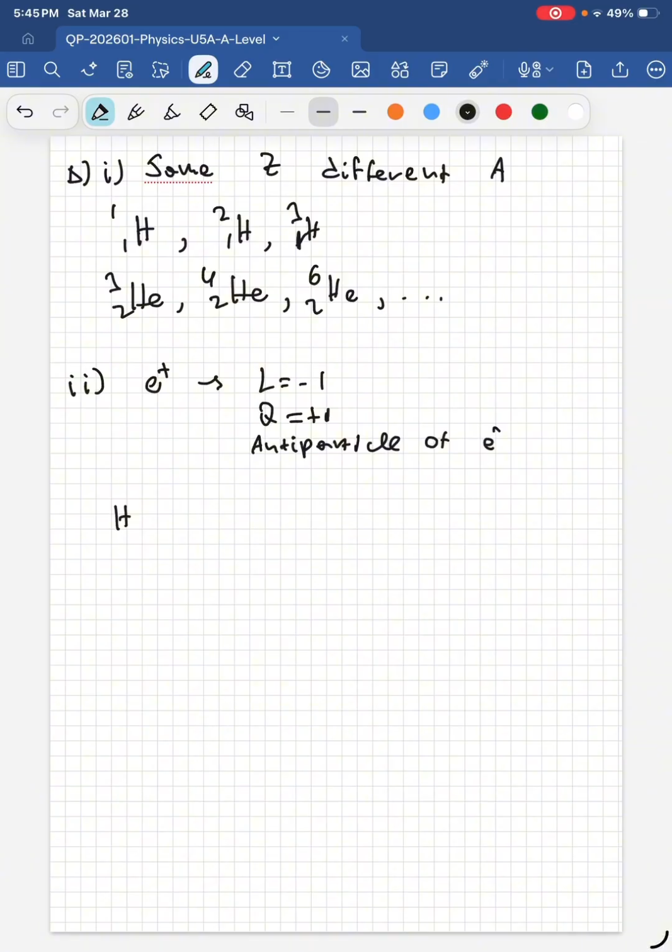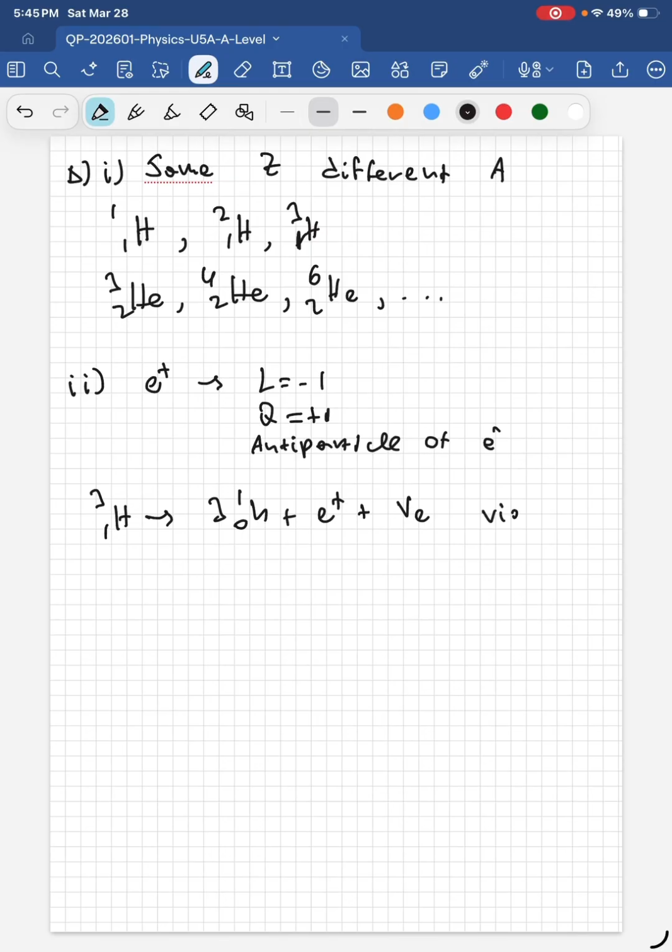So hydrogen-3, if it decays into a positron, we will have something like 3 neutrons plus a positron plus a neutrino. So this will be an equation that kind of makes sense, but it violates mass energy.